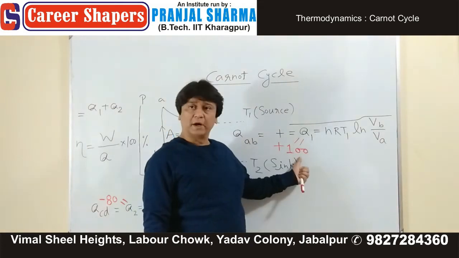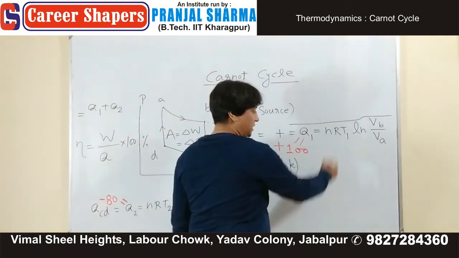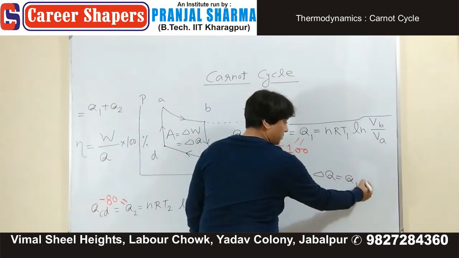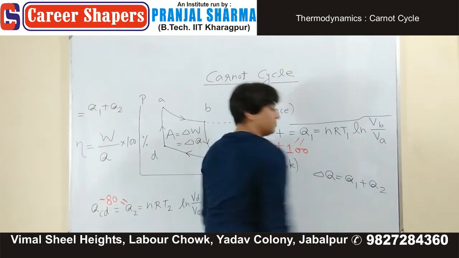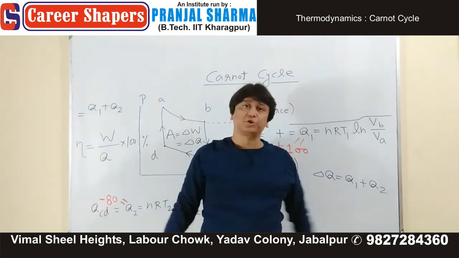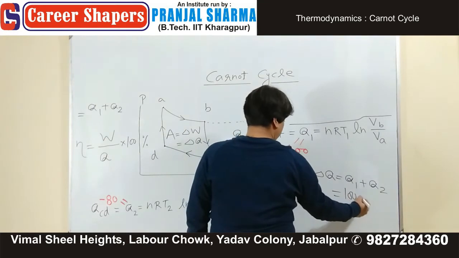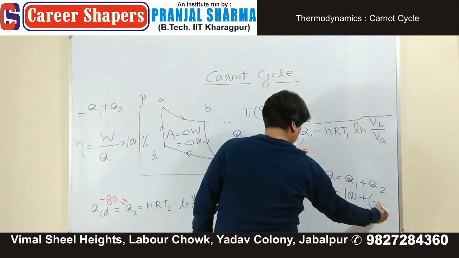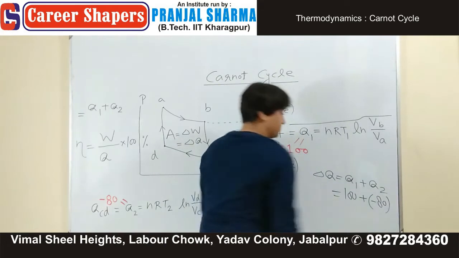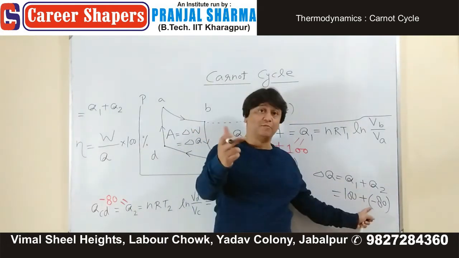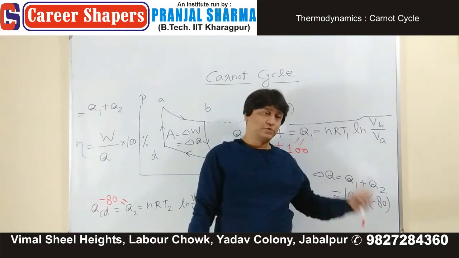Q1 100, the term of delta Q was Q1 plus Q2. It is not Q1 minus Q2. What is Q1? 100. What is Q2? Minus 80. So if you use minus Q2, that minus minus will become what? Plus. So just be careful.